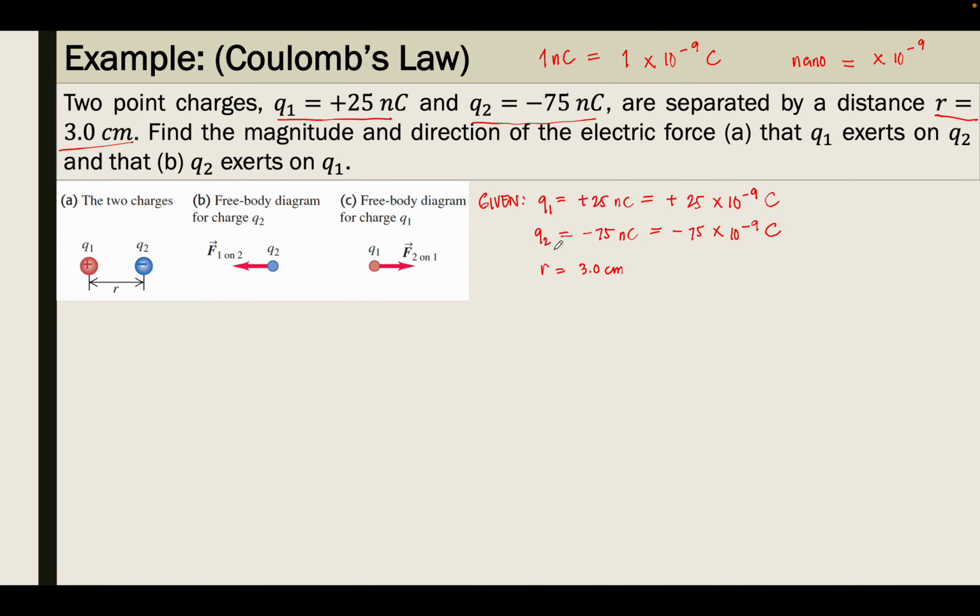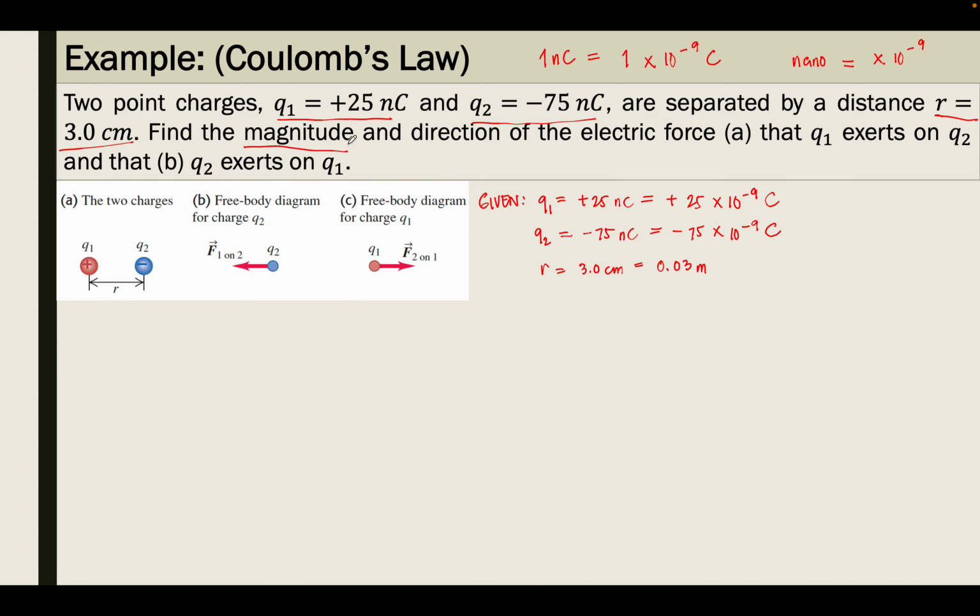Okay, so before, we will not be using centimeters, but instead we will be using meters as our basic unit for the r, or the distance. So we will convert 3 centimeters into meter. So 3 centimeters is 3 divided by 100 is 0.03 in terms of meter. So this is 0.03 meter. So find the magnitude and direction.